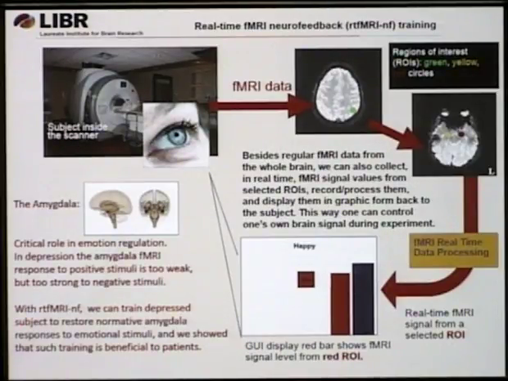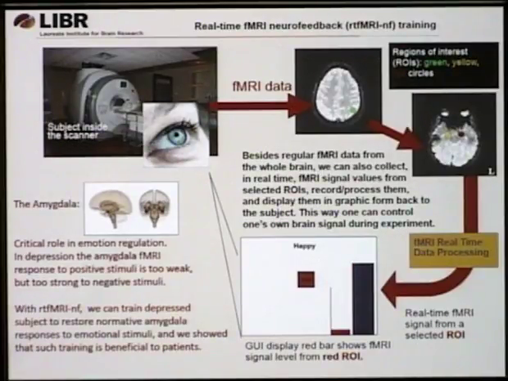But the message here is, we know from other research that the response from the amygdala is a little bit too weak to positive stimuli for people with depression. People with depression tend to have what we call an emotional bias towards the negative. Essentially, you tell them something good and they make it bad, so the amygdala response is too weak.